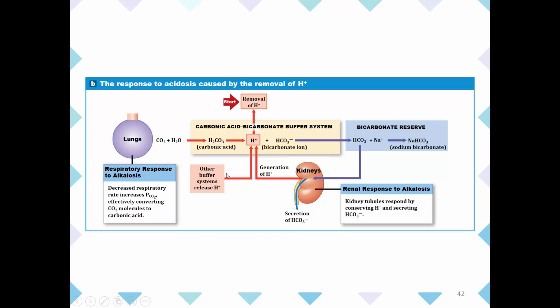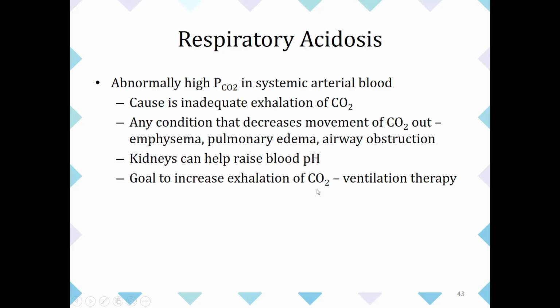The buffer systems that have been holding on to that hydrogen now can release it, and we can start to get back to that even teeter-totter toward homeostasis. Right? So our two main ways that we can compensate for any of these disorders is the lungs and the kidneys. All right. So we're going to go through our 4 types pretty quickly.